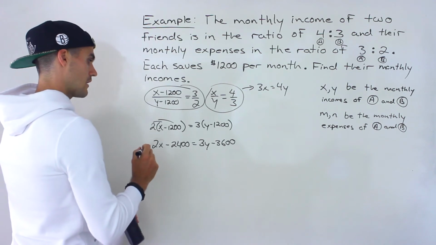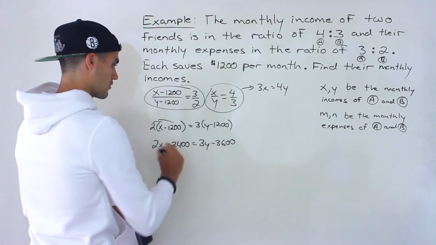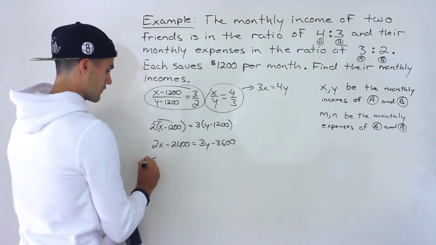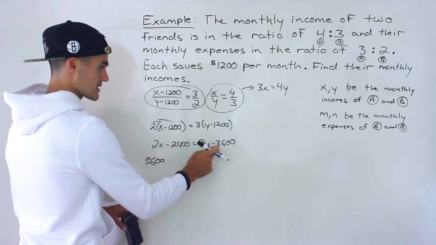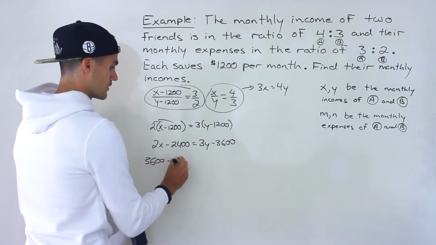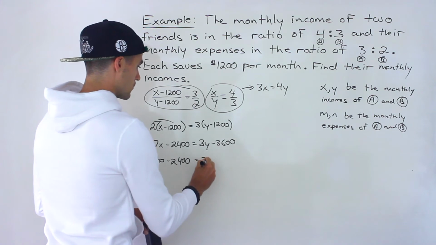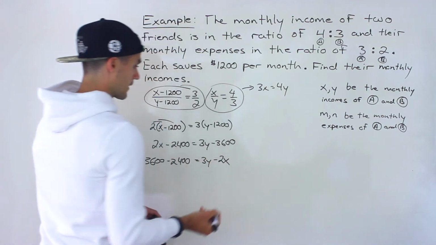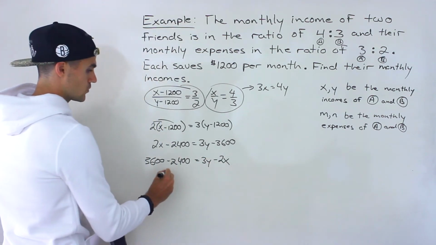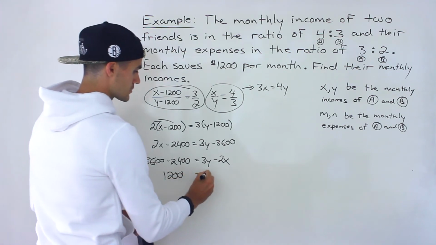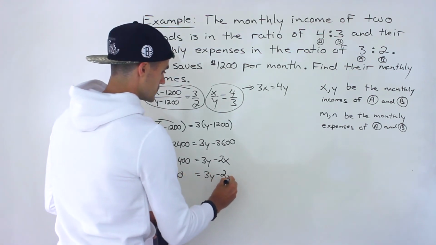And then from here, I would bring the 2x over, bring the 3600 over, so we'd have positive 3600 because it's negative here, minus 2400 is equal to 3y minus 2x, like that. So we'd have 1200 equals 3y minus 2x.